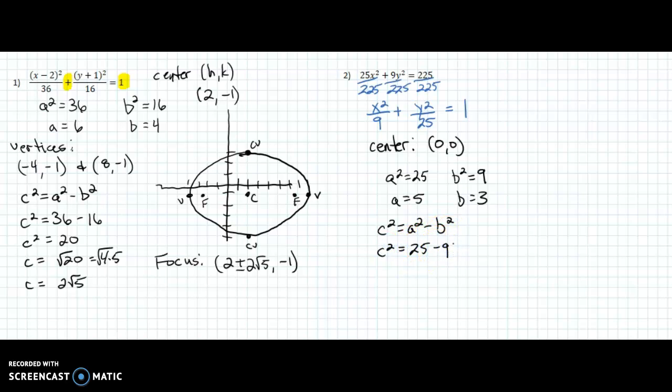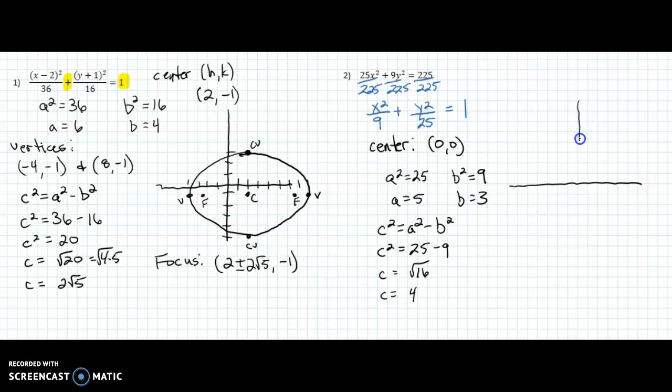And so c is the square root of 16, and so c is 4. Notice that 3, 4, 5 triangle, that relationship between a, b, and c. Okay, so it's kind of nice. Everything works out evenly here.